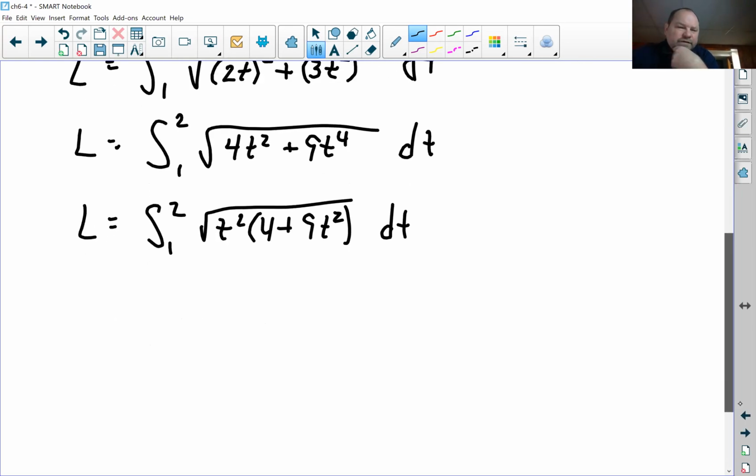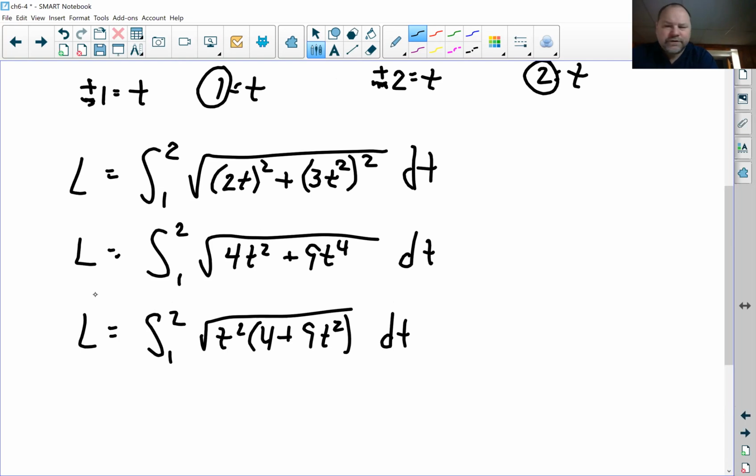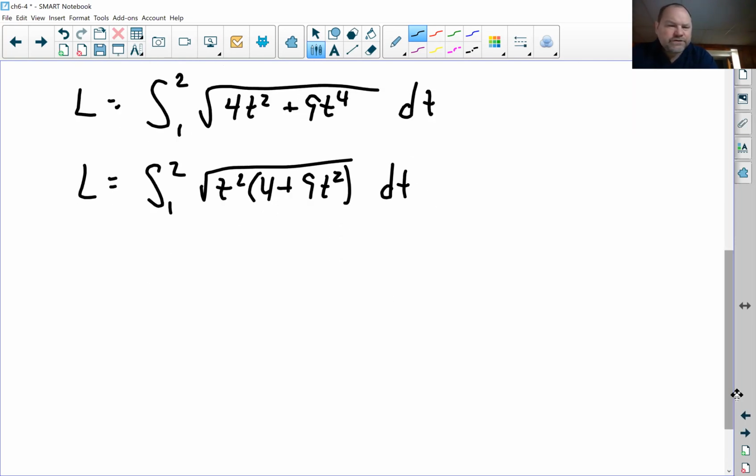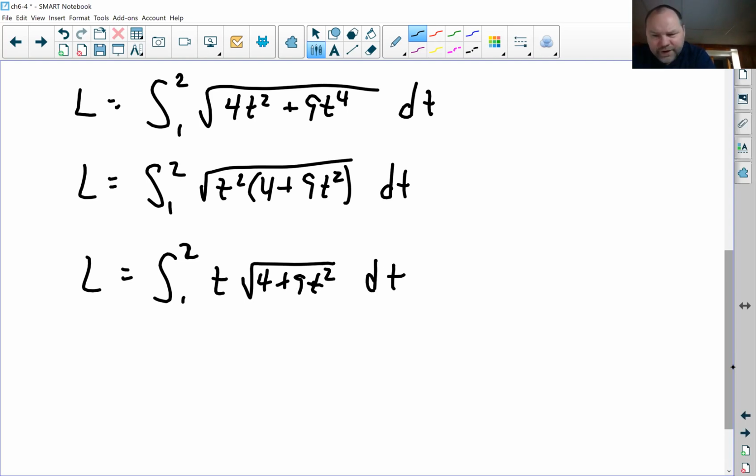And the fact that I have a product underneath the square root symbol, I can actually take the square root of t squared and the square root of 4 plus 9t squared. See, the square root of t squared is just t. And then I still have 4 plus 9t squared underneath the radical.